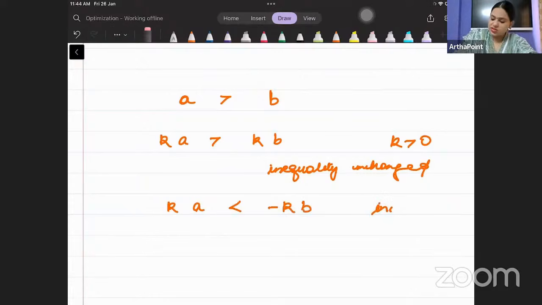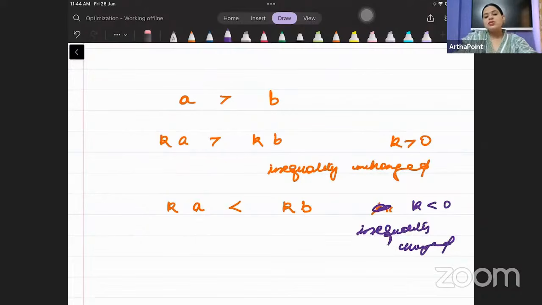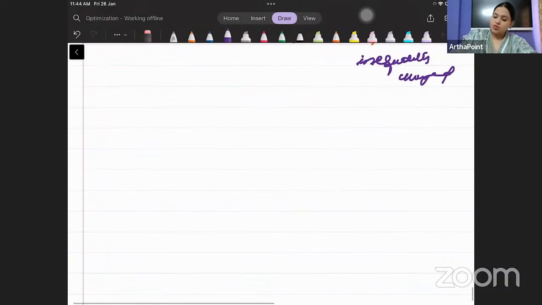Negative ऐसे दिखाने की जरूरत नहीं है. You can just say K is less than 0. Then inequality changed. Am I clear with this? Everyone is clear with this? Okay. Good. Now we talk about absolute values.